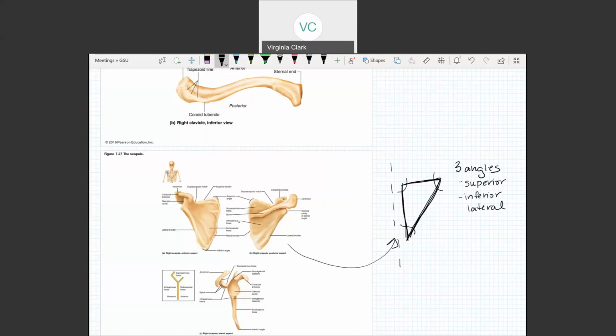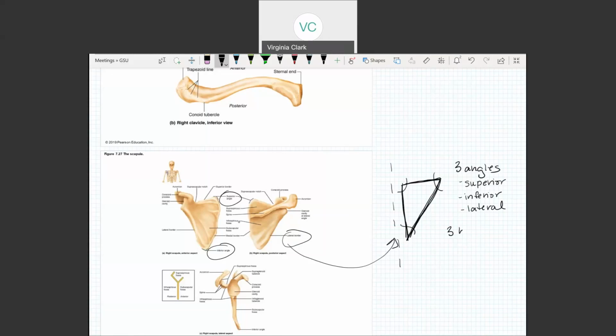You need to know how these are, but you also need to know whether it's a right or a left. So this is essentially going to be a scapula, but make sure you know how it positions in the body.